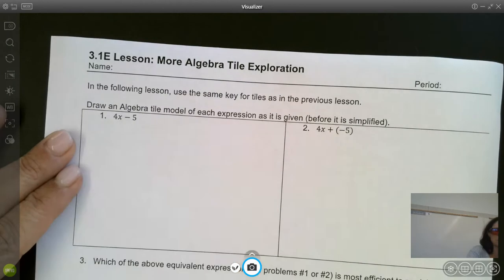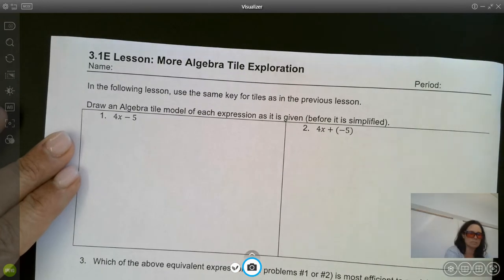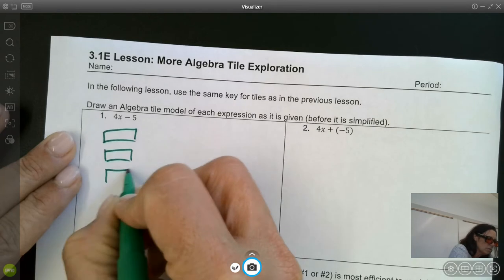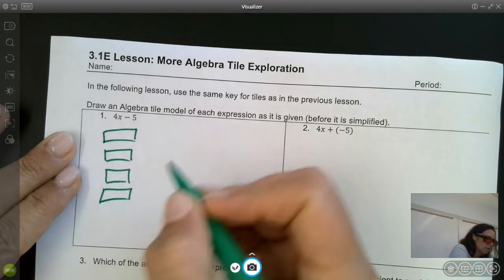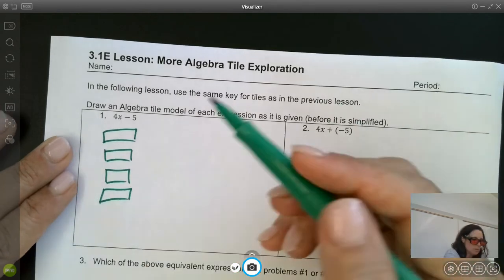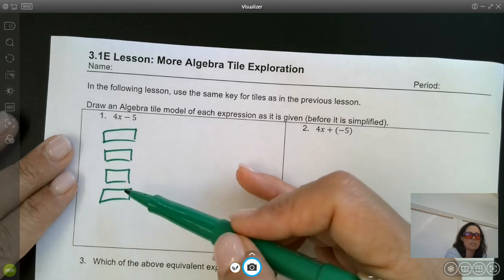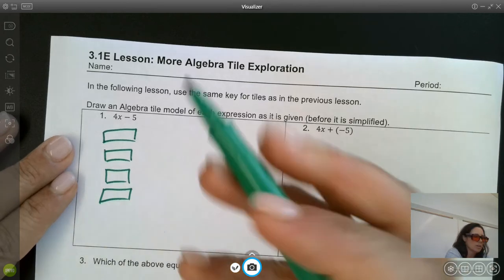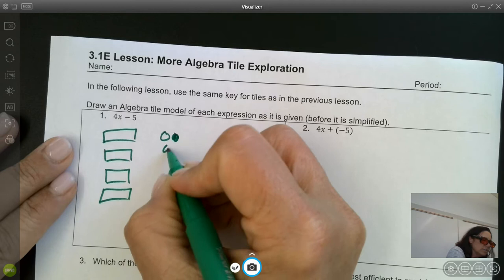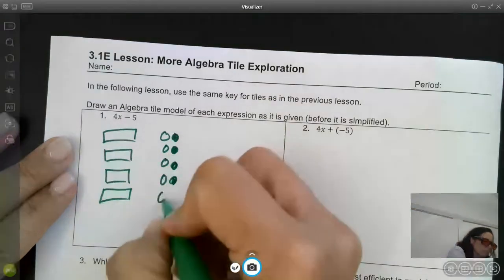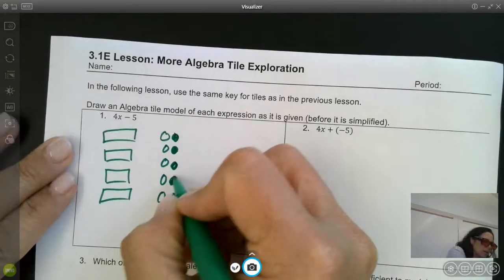So 4x, and then if we're taking away 5 positive tiles, we don't have positive unit tiles here. So we need to add in 5 zero pairs.